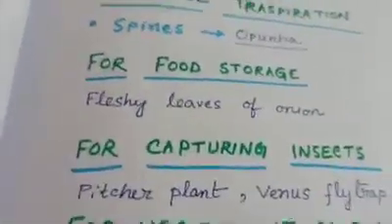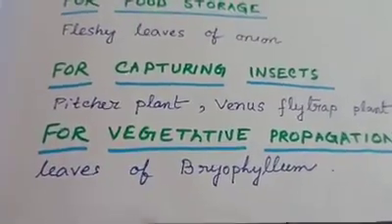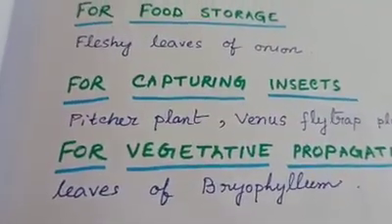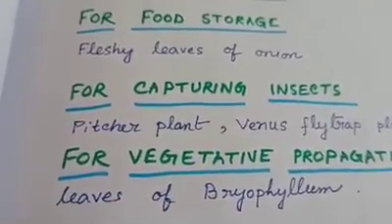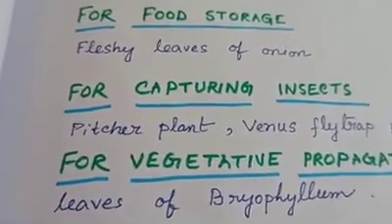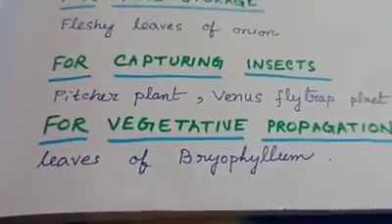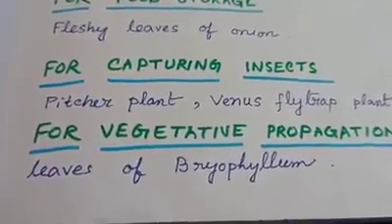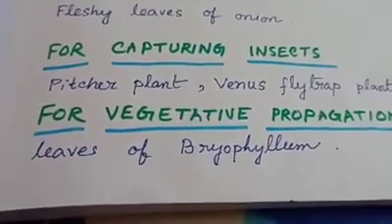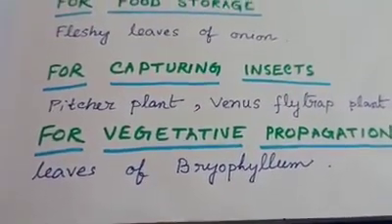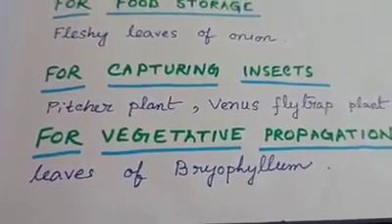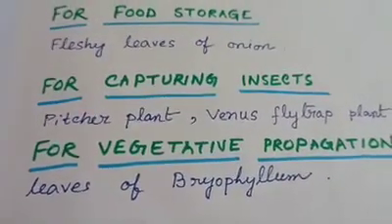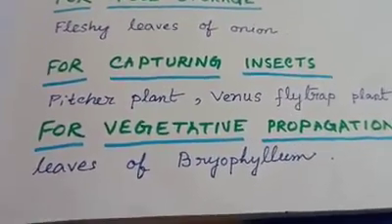And what is next? For vegetative propagation. Many leaves like Bryophyllum are modified for vegetative propagation. How are they modified? The multiplication of plants by their vegetative parts such as roots, stems and leaves is called vegetative propagation.